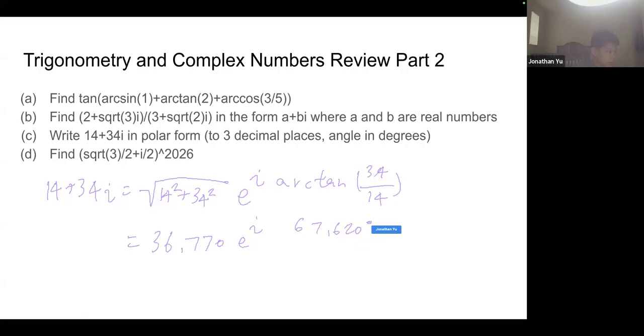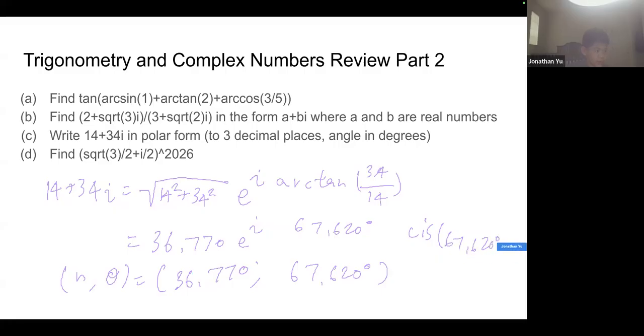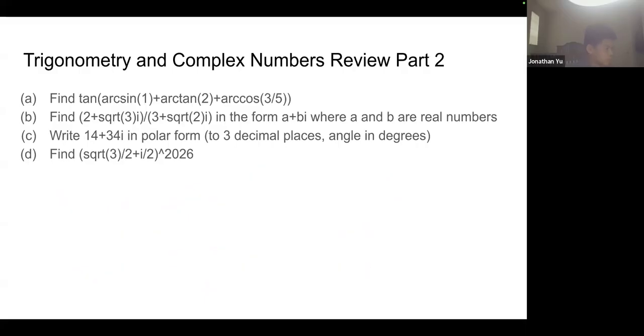So in polar form, we can write e to the i theta as cis of theta, so this is just cis of 67.620 degrees.